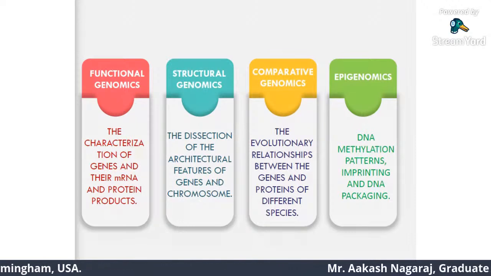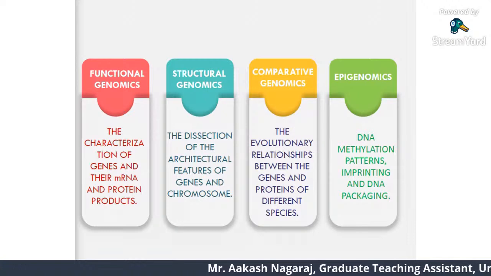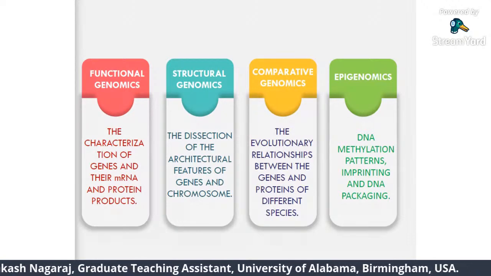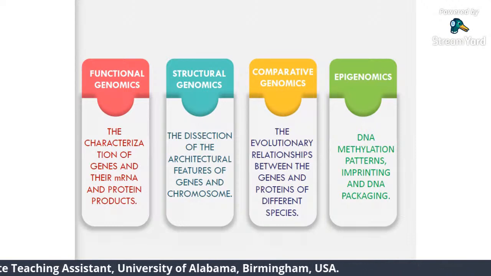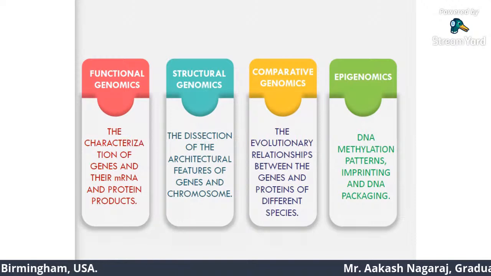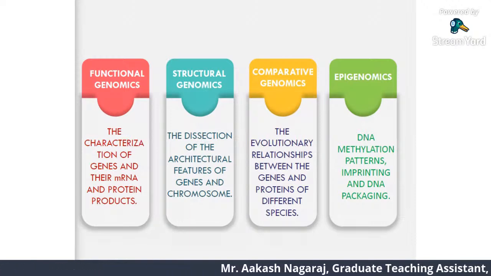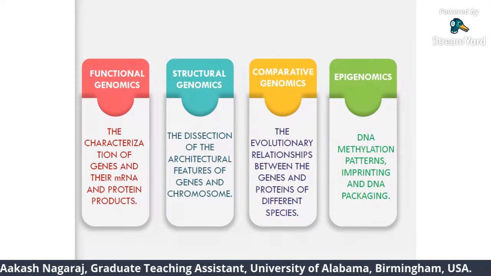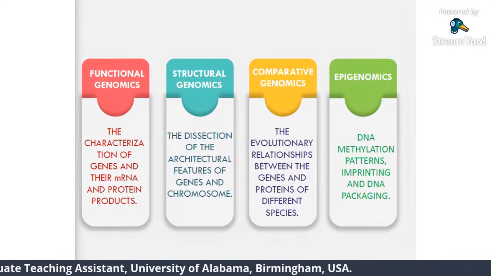This slide shows the different subfields in genomics. There are 4 subfields: functional genomics, structural genomics, comparative genomics, and epigenomics. So functional genomics is the characterization of the genes and their messenger RNA and the protein products which are produced.